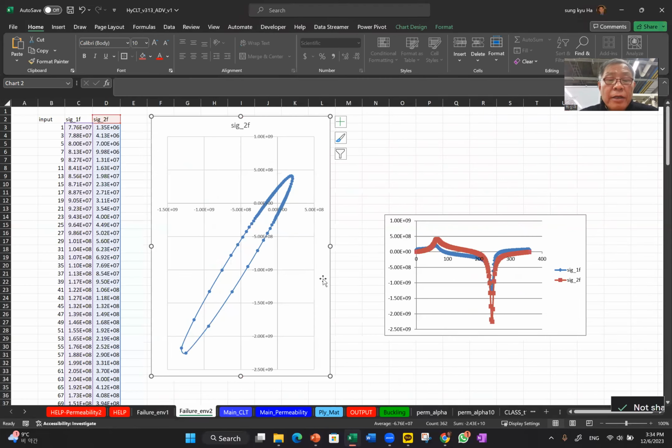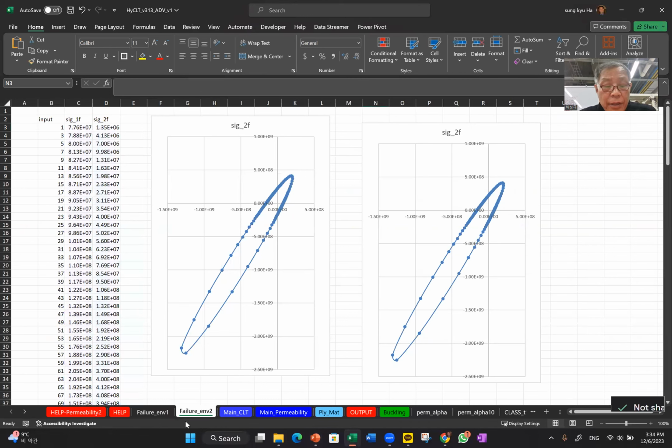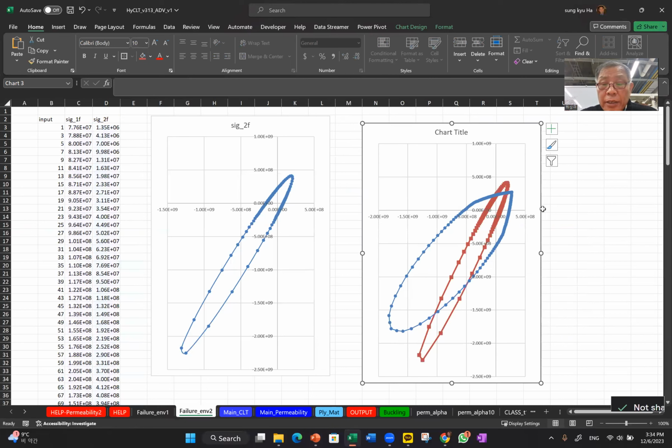Or graphically, you can just plot, copy here. I'm gonna get rid of this. Where is the other one? We can copy this, and then we simply overplot here.